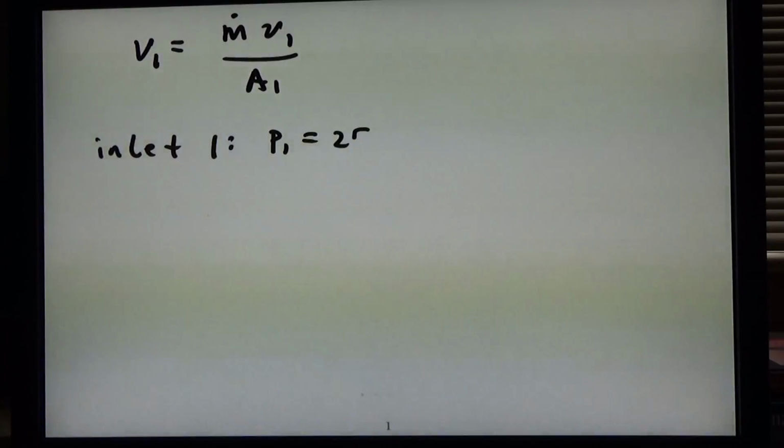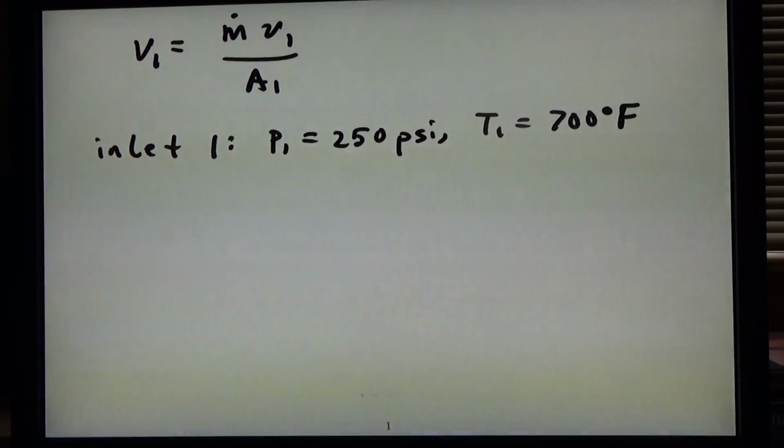Now in order to find V1, we're given mass flow rate, given area, we just need to find specific volume at state 1. So we'll look at the inlet properties. At the inlet, we know pressure is 250 psi and temperature is 700 degrees Fahrenheit.